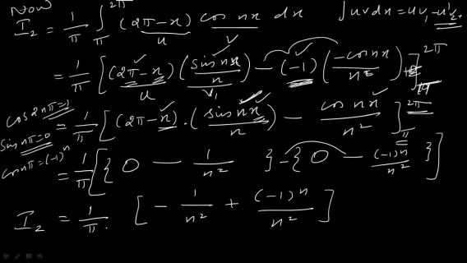Okay, 1 by pi of minus 1 by n square plus minus 1 whole power n by n square. Now let me substitute both I1 and I2 values in an. So that is in equation A. From A, we write an is equal to I1 plus I2.